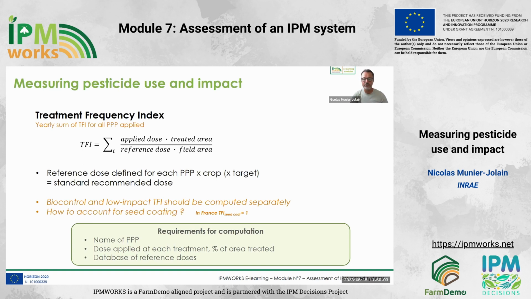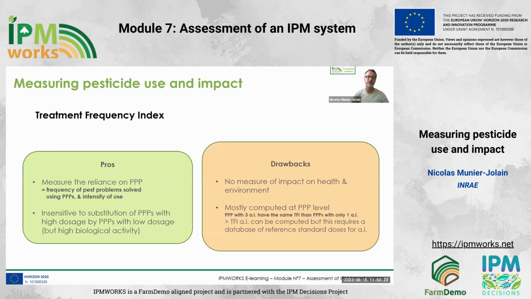The requirement for computation of the treatment frequency index is the name of pesticides, the dose applied for each treatment, the percentage of area treated, and of course the database of reference doses for each pesticide, for each crop, and eventually for each target.